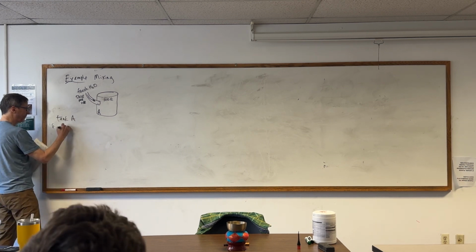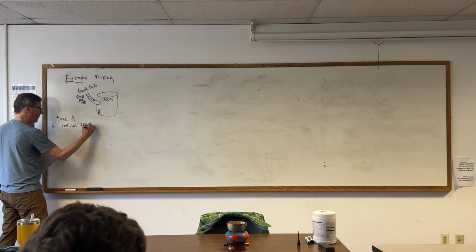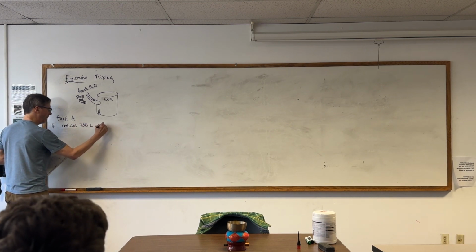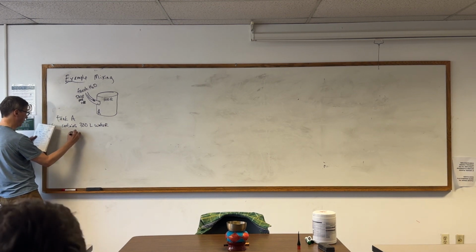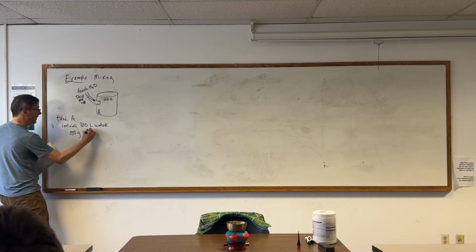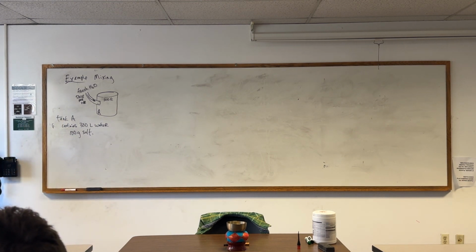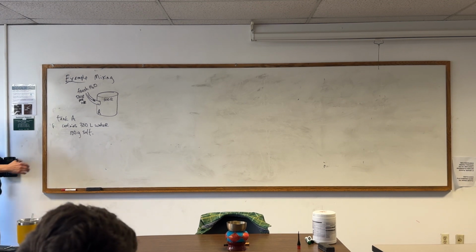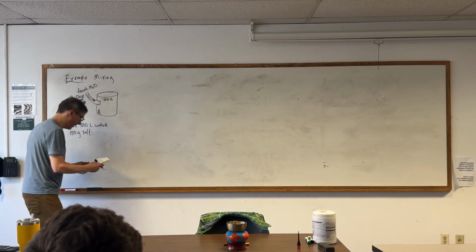Tank A contains 300 liters of pure water and 100 grams of salt. Now I guess there's lots of kinds of salts, right? Chemistry people, salt is a general term. Is that true? Yes, cool, thank you. Salt is a general term. So whatever your favorite salt is, that's what's getting mixed into here.